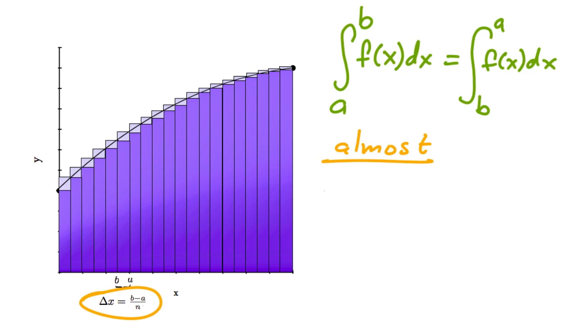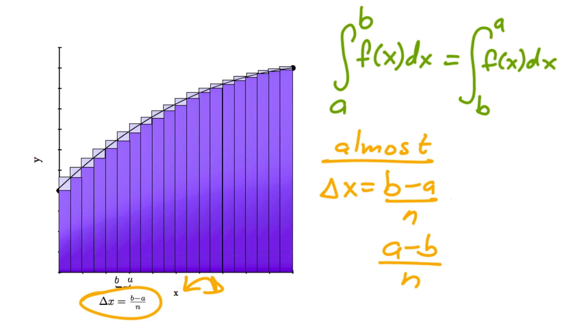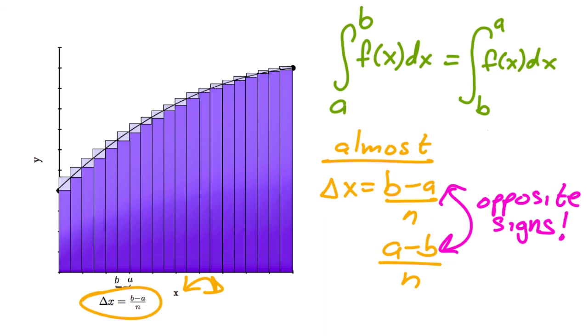And so if you switch from b minus a over n to a minus b over n, if you just flip those, what's going to change? Well, the number isn't going to change, but these two are going to have opposite signs. And so since they're going to have opposite signs, this means that you can flip the limits of integration if you want, but you have to make it negative whenever you flip the limits of integration. And that one we're going to use quite a bit as well.